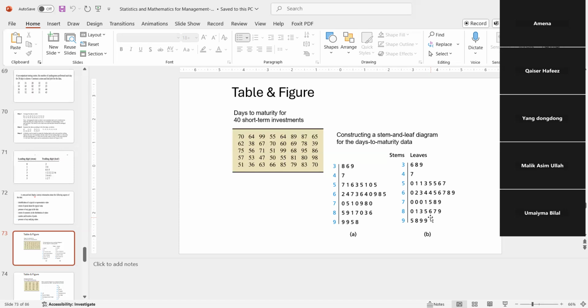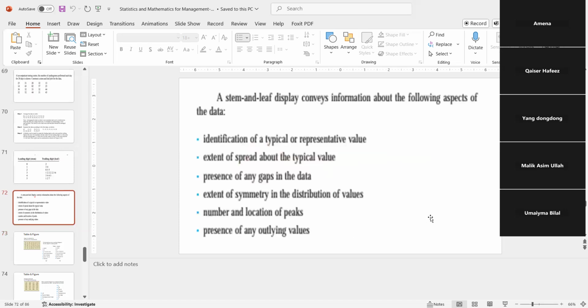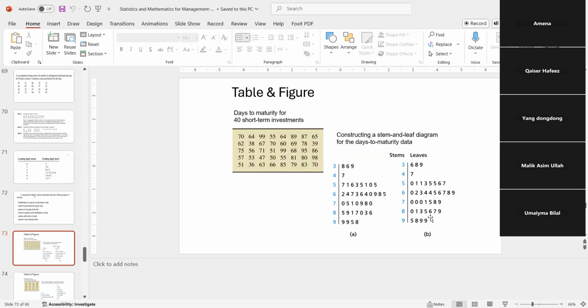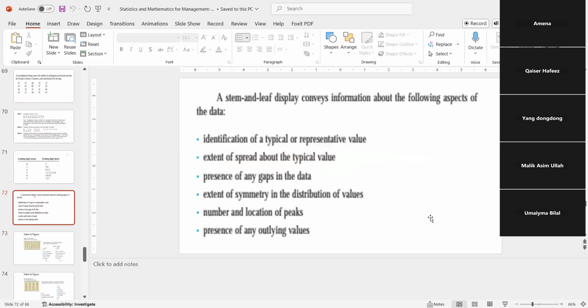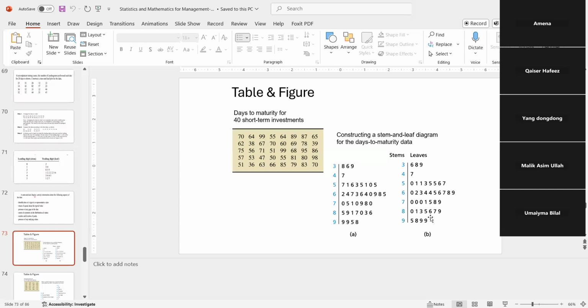Next, the identification was the presence of any gap in the data. We can see that there is no gap across the data set. Then was the identification of the symmetry of the distribution and the number and location of the peak, where we can see that approximately our data is somewhat symmetric, but still the right tail is more heavy as compared to the left tail, or the lower tail, of the data set.